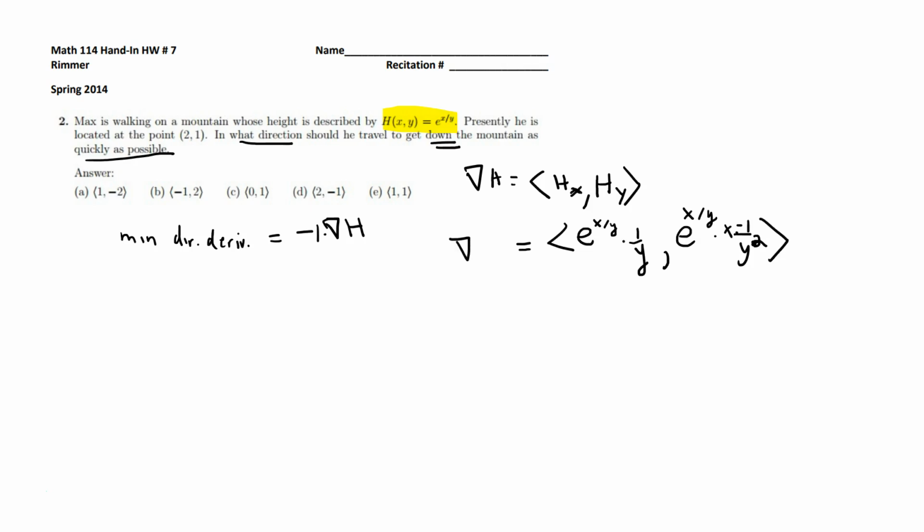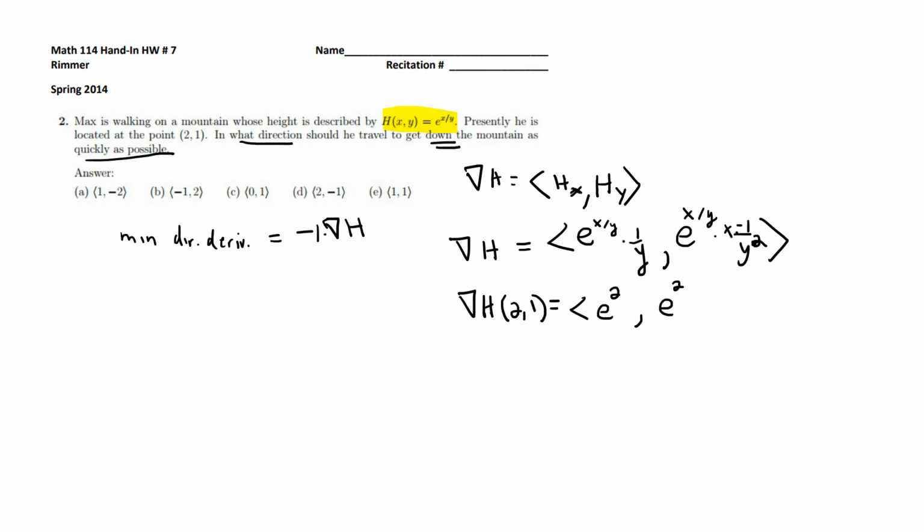So this is the gradient at any point. We're interested in the gradient at the point where he's at, (2, 1). Every x gets replaced by a 2. Every y gets replaced by a 1. That'll give you e to the 2 in the i component.